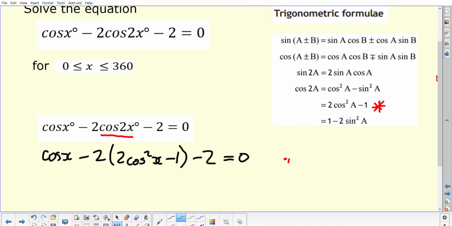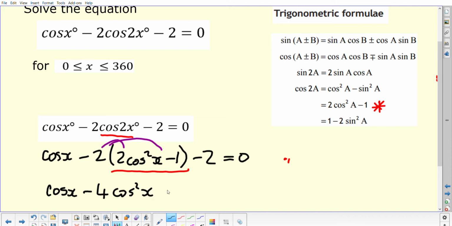You then do need to multiply out. This here is the direct replacement for that cos 2x, but we do need to multiply out the bracket. That minus 2 at the front multiplies each of the terms in there, so you've got cos x minus 4 cos squared x, then plus 2, and then the minus 2 in the end equals 0.